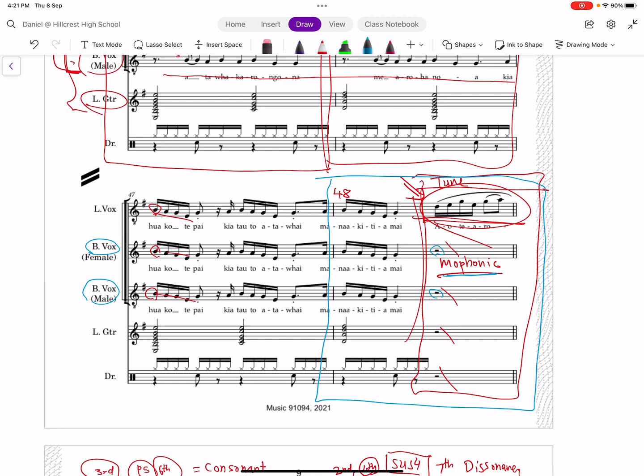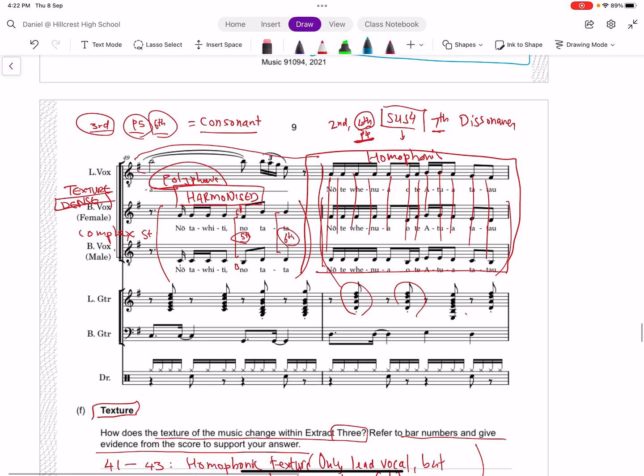These are top hats or minim rests. Minim means half note. For two beats, we have silence. So you can say with confidence that this one bar sung by the lead vocal is monophonic texture.